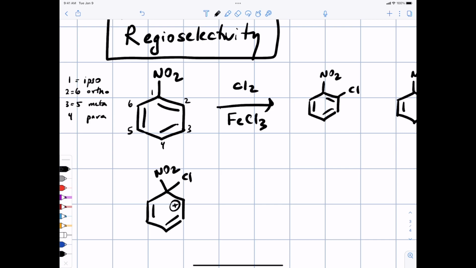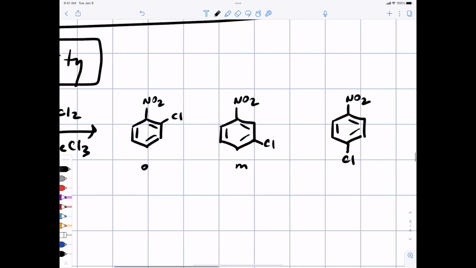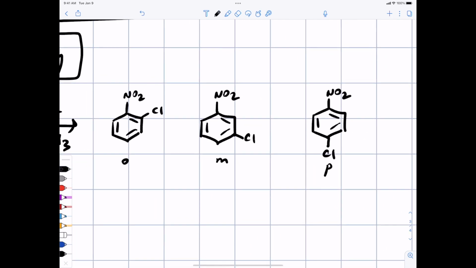And there is no ipso substitution, because if you do that, you can't restore aromaticity. On the carbon that gets the new group, there has to be a proton so that you can remove it in the second step and restore aromaticity. All right. So that's why we only have the ortho product, the meta product, and the para product.